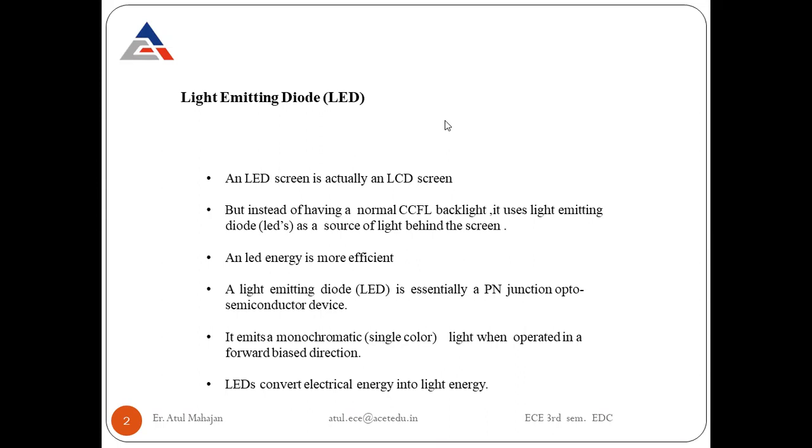Why is it efficient? It is efficient because in this case we are using the LEDs in the forward bias junction. We're not using the reverse bias junction. And when we use it in forward bias, a huge amount of recombinations of electron hole pairs is possible, and these recombinations further produce what?